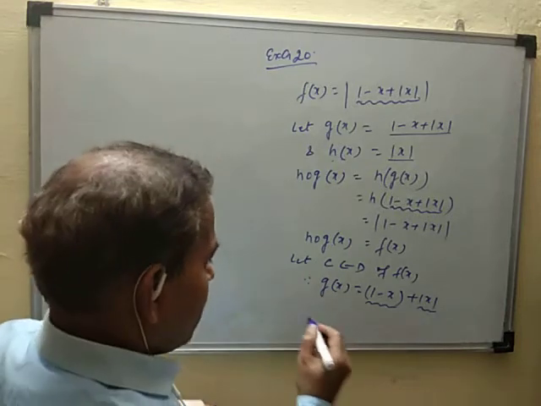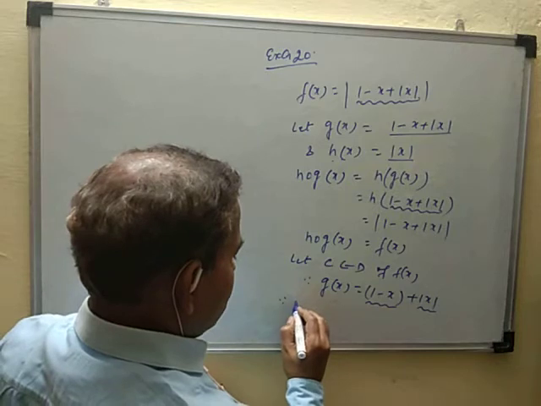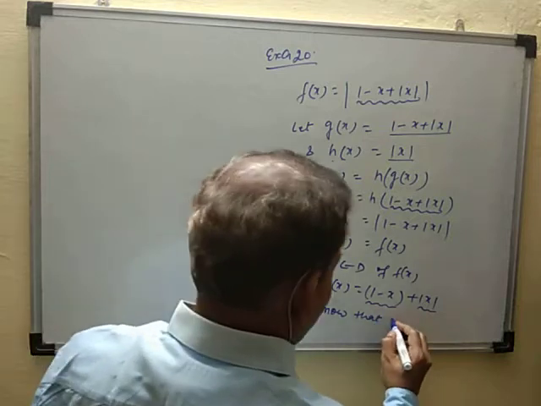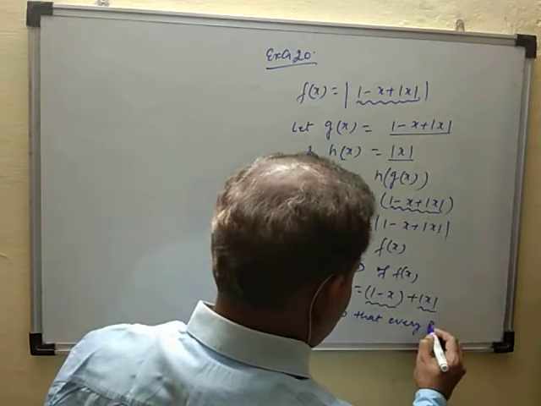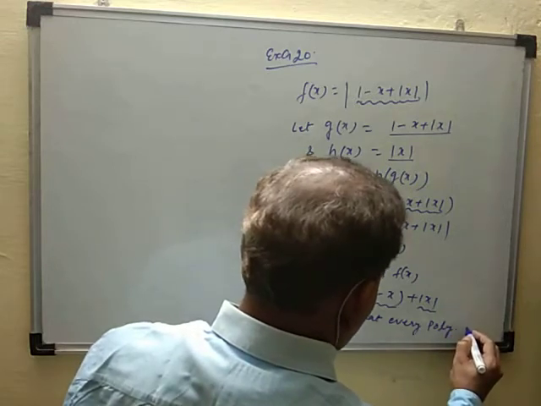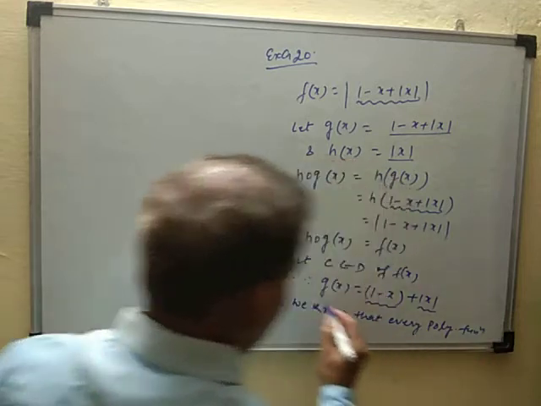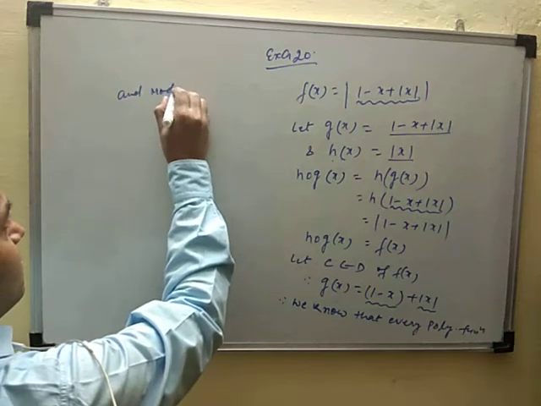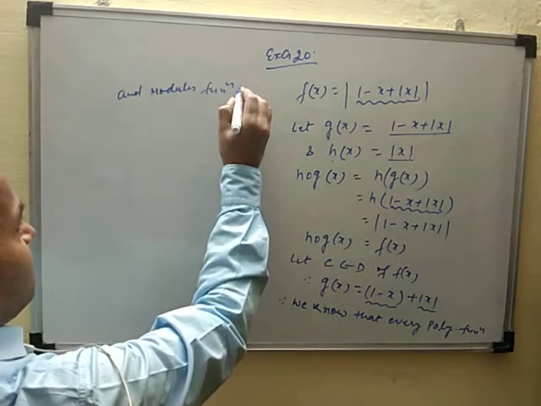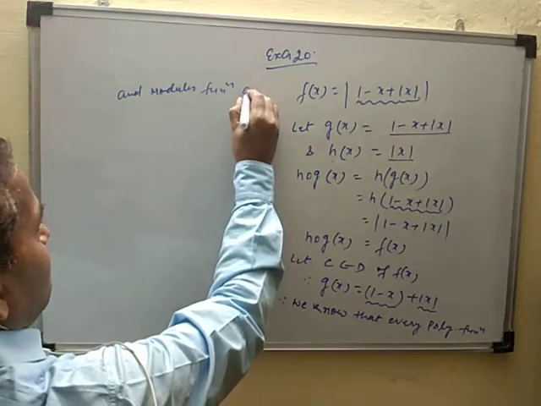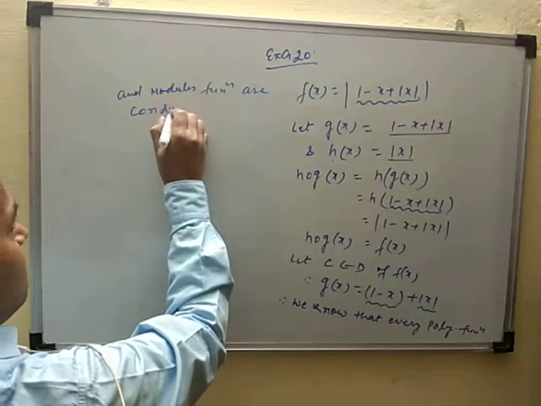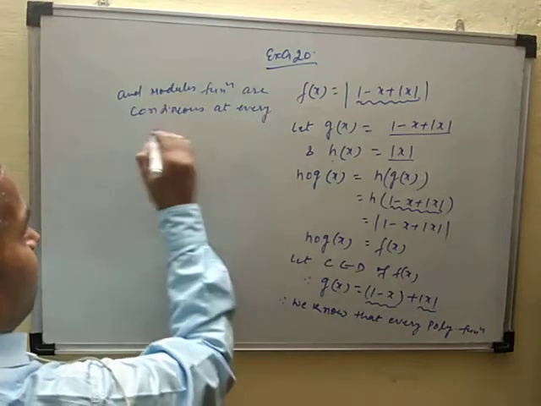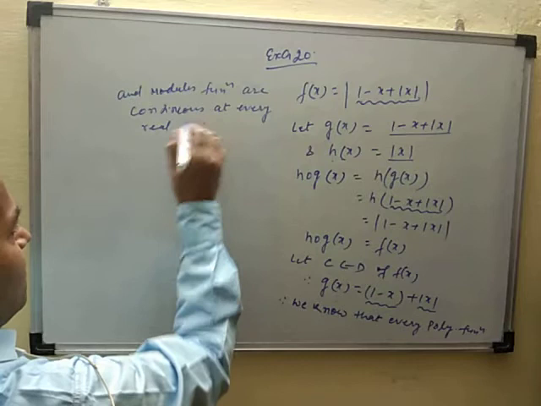We know that every polynomial function and modulus function are continuous at every real number.